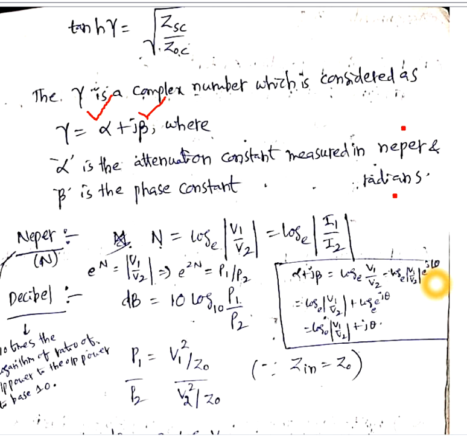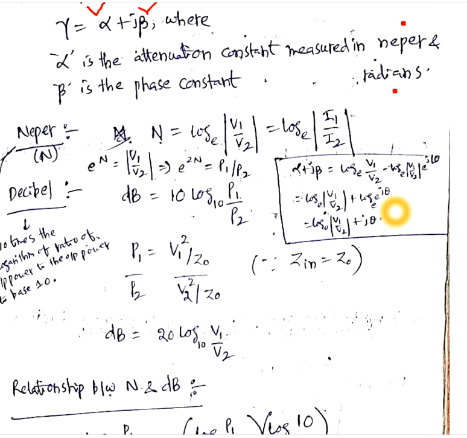Fine. Now if I separate this magnitude and angle into two parts, how we can do that? Since it is like a product, so ln of magnitude V1 by V2 is one side and we have plus ln e power j theta. Right, now if I bring this j theta to the front, it will be j theta times ln e. So that means we got here a complex number which is having some real part and also one imaginary part.